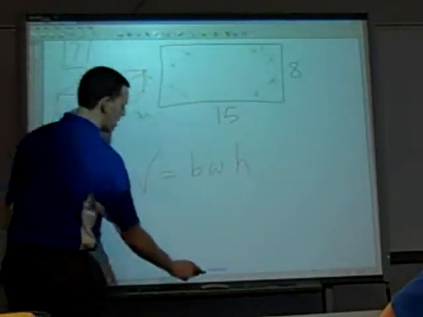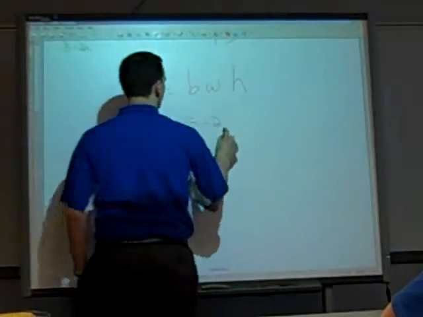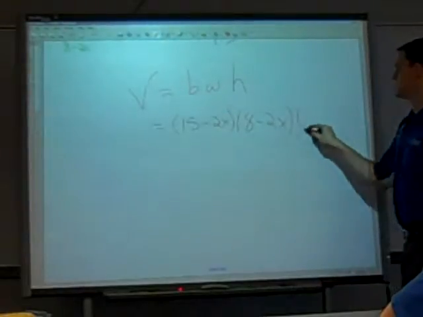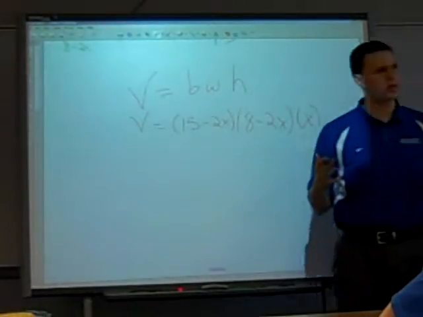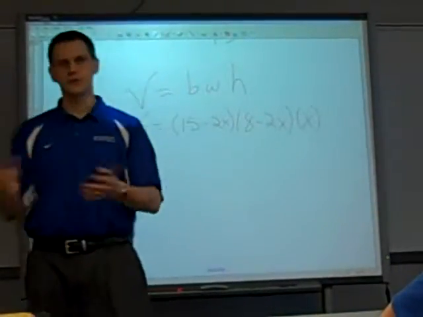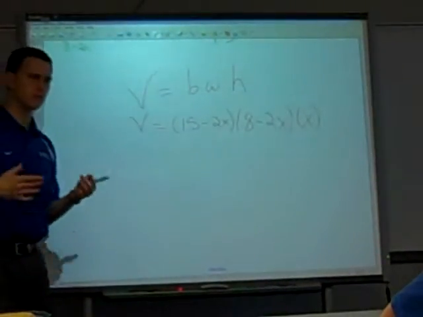So our volume now becomes (15 minus 2x)(8 minus 2x) times x. Every optimization problem is exactly the same in the sense that you get an equation in terms of one variable, you differentiate that equation, set it equal to 0, and solve.